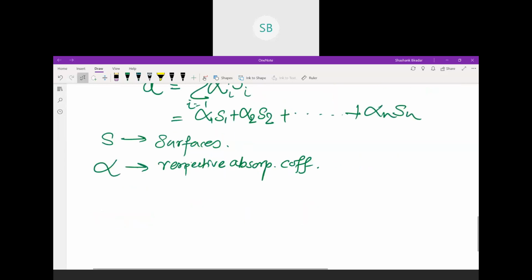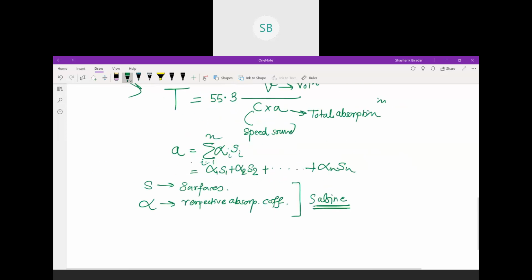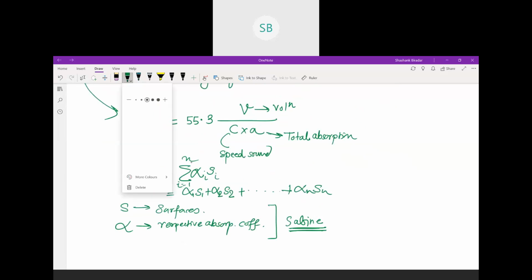The unit of this one, S into alpha, is Sabine. Also here I must say that this 55.3 and this speed of sound, what is the speed of sound over here?